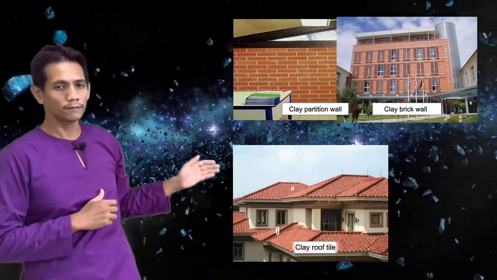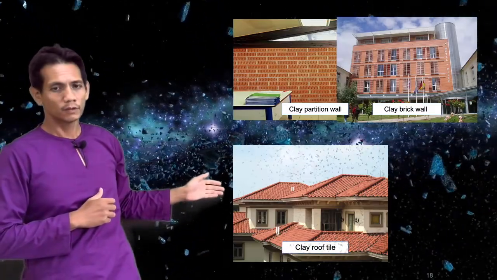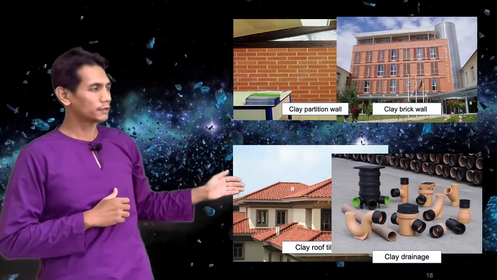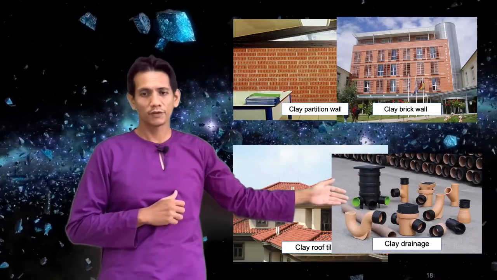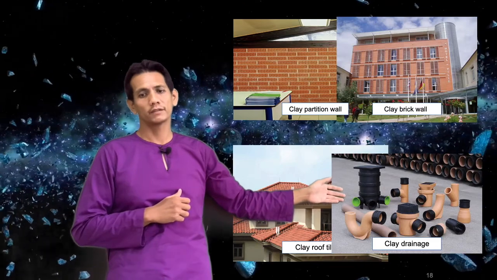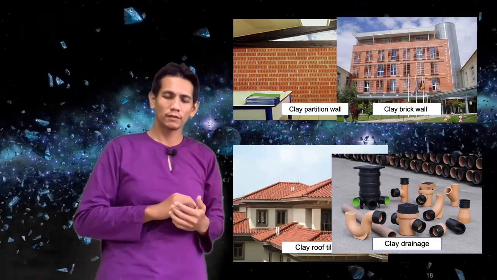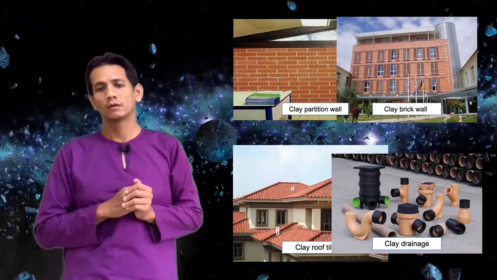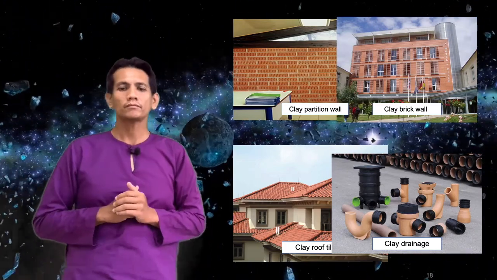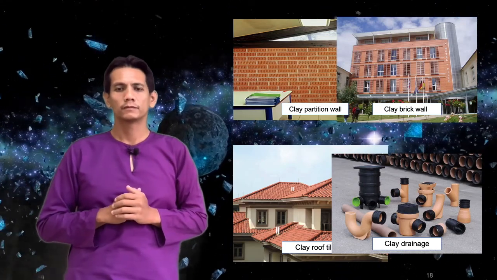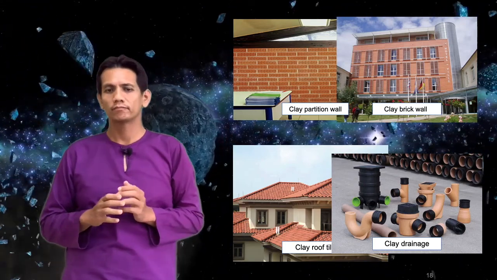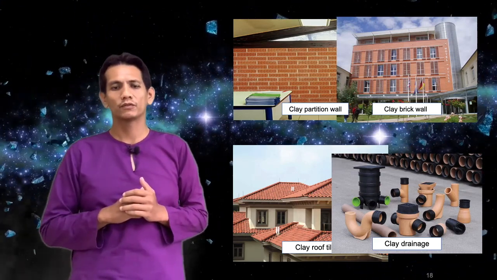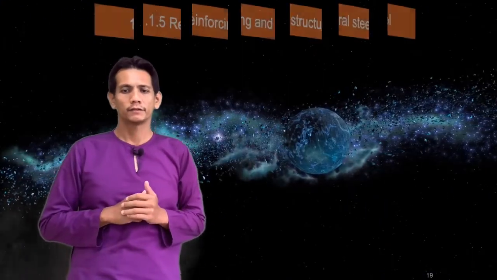And then we have clay roof tile. And then we have clay drainage. As I previously mentioned, sorry, not pavement, it is used for walls. These are a few types of structural elements that use brick clay, right?